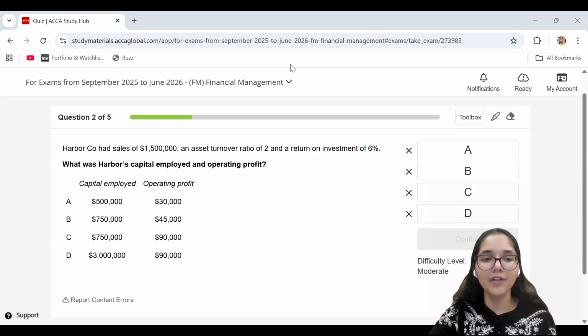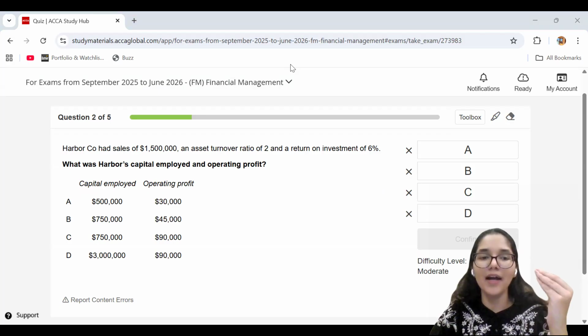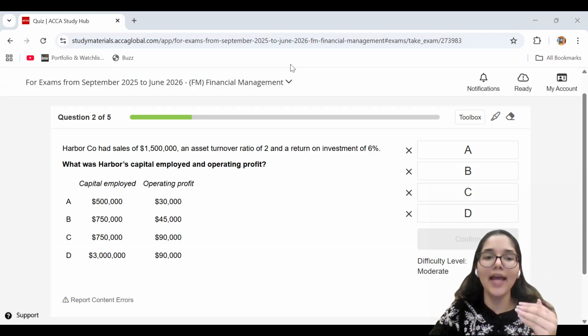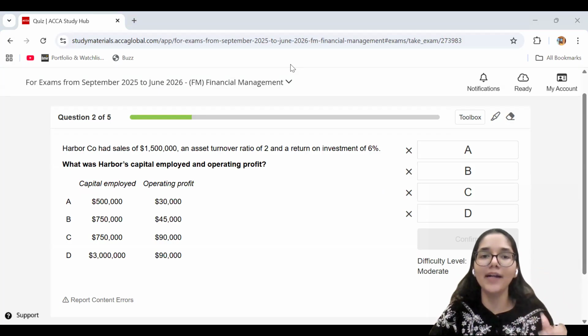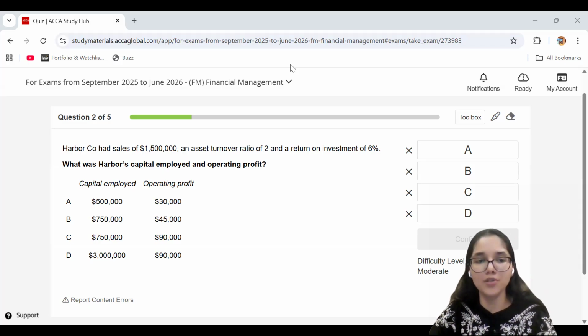So sales are given to you. If I take the capital employed to be X, then 1.5 million divided by X is equal to 2. So X will be equal to 1.5 million divided by 2, which will be $750,000. Right. So our answer has to be either option B or option C.